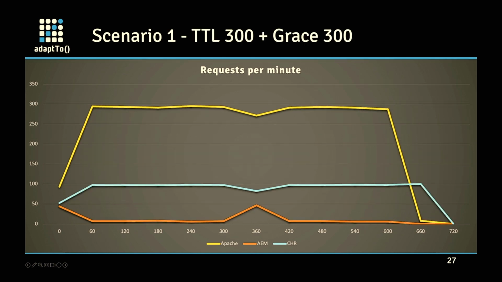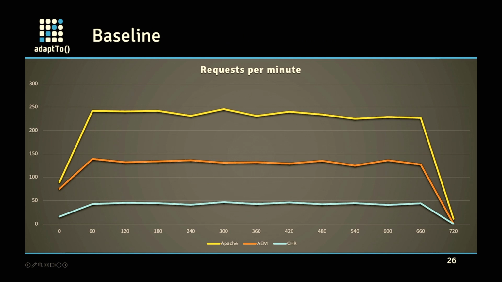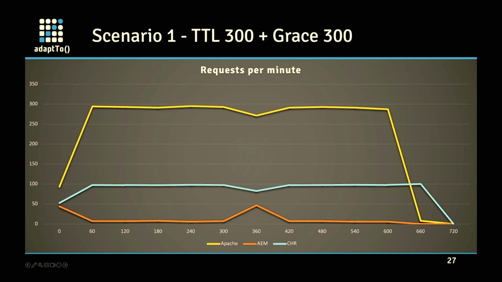Our first scenario, after the baseline test, is where we use both settings. And suddenly you can see here a massive increase in requests per minute. Let me quickly go back there, so that we have 250 requests per minute. Bear in mind there's no change in the parameters of the test apart from changing that time to live setting and adding the grace period of 300.